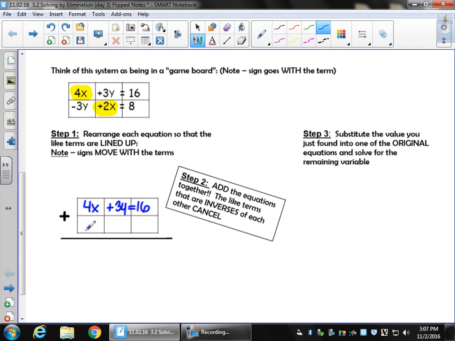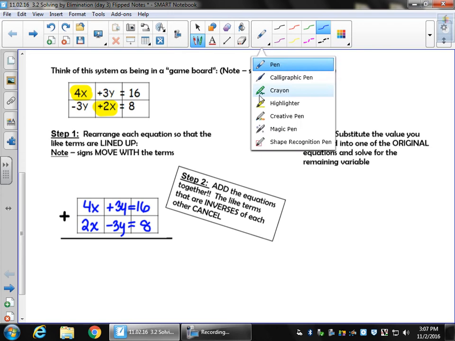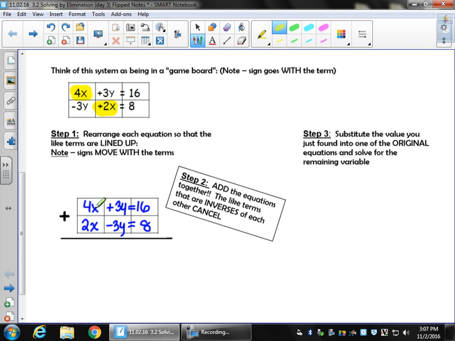And we're going to rearrange the second equation. I want this positive 2x to come first. So it's going to be positive 2x minus 3y. Notice how I was very careful to keep the negative sign in the box. Now if I check, notice my x terms are now lined up and my y terms are now lined up.